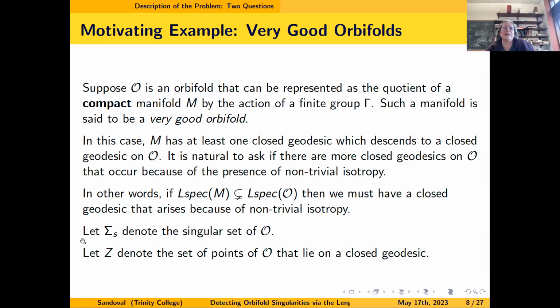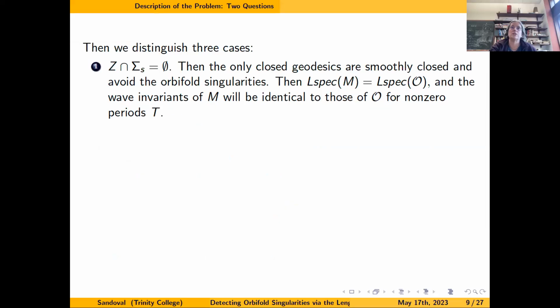Okay. So in any case, let sigma sub s denote the singular set of the orbifold, and let Z denote the set of points on the orbifold that lie on a closed geodesic. We'd like to investigate what happens here. So three cases. Suppose all the closed geodesics never interact with the singularities, so the intersection of those two sets is empty.